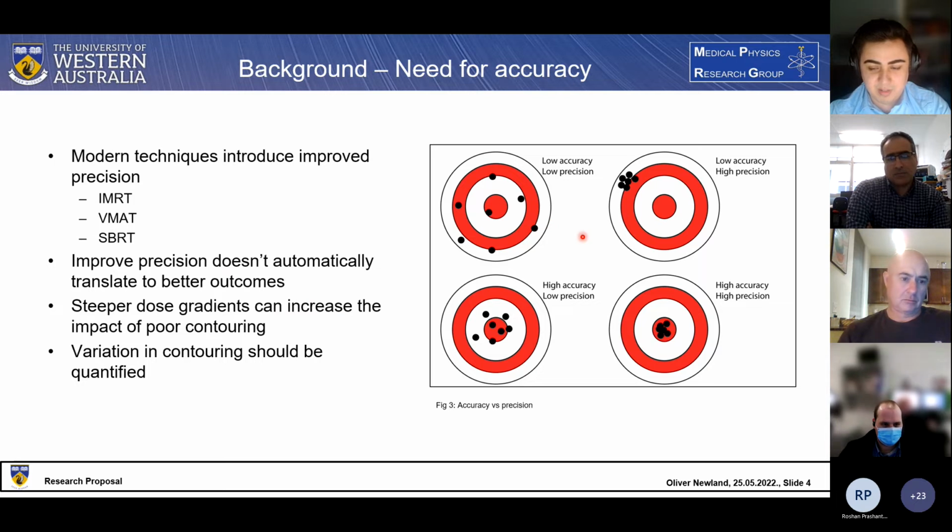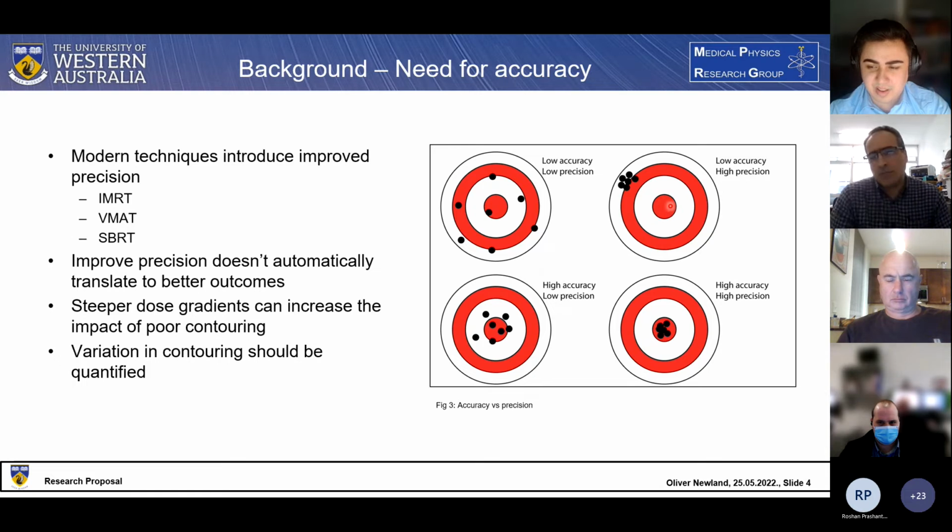So this image to the right, which I'm sure everyone's seen before: if the dots here represent the dose distribution and the bullseye represents the target, obviously we want the high accuracy, high precision case, but you can see going from low accuracy, low precision to low accuracy, high precision might not actually be a good thing.